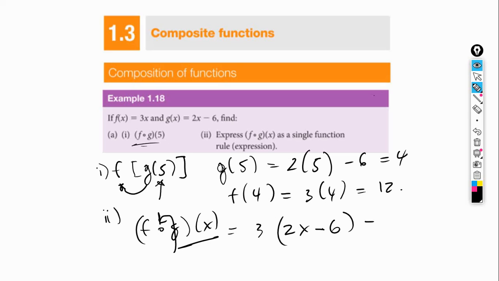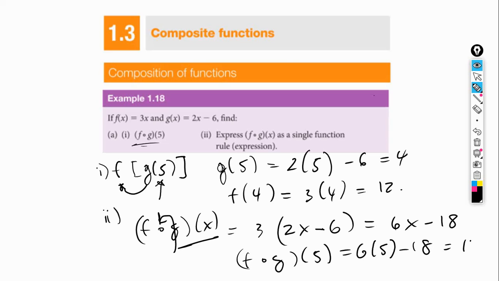And this is going to equal 6x minus 18. So notice that if I do now f of g of 5 directly into this function, it's going to give me 6 times 5, 30, minus 18, 12. So I arrive to the same answer, but in one step.